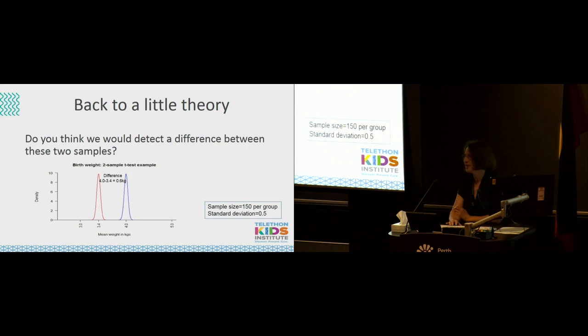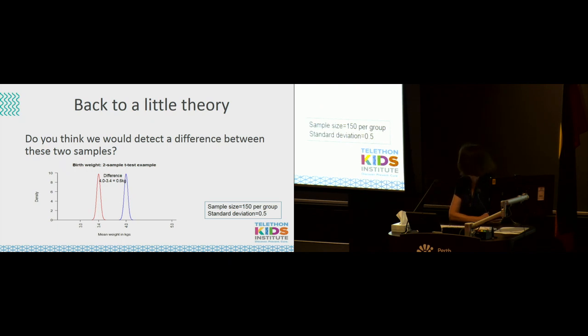So what about if we were just guessing the sample size? If we had two sets of data we collected here, and all the red data comes from the red group and all the blue data from the blue group, and I plotted them as histograms, roughly histograms that looked a little bit like that, would you say there's a difference between them?